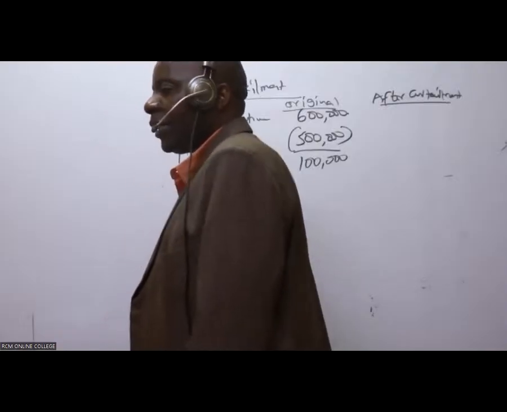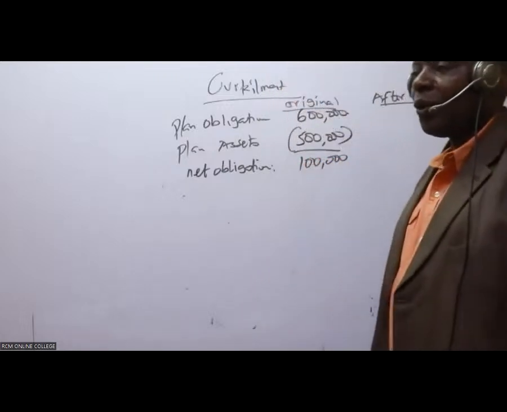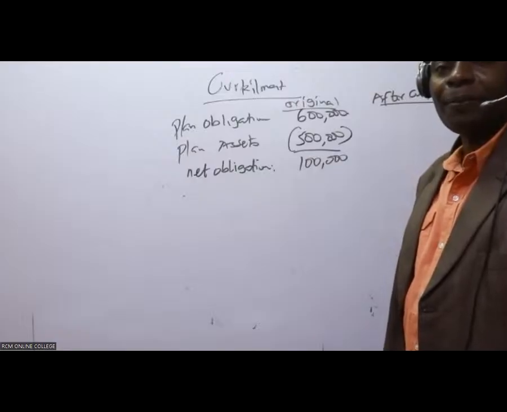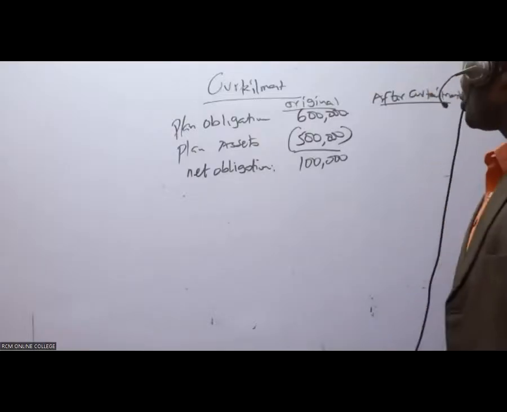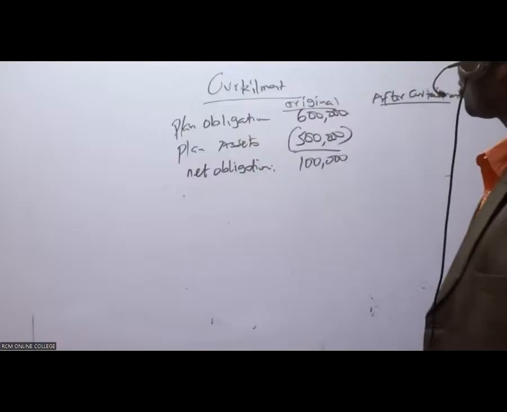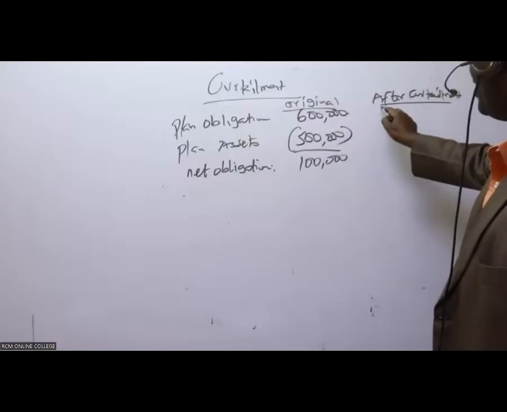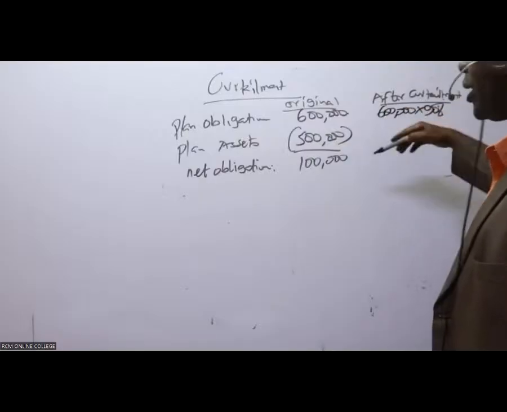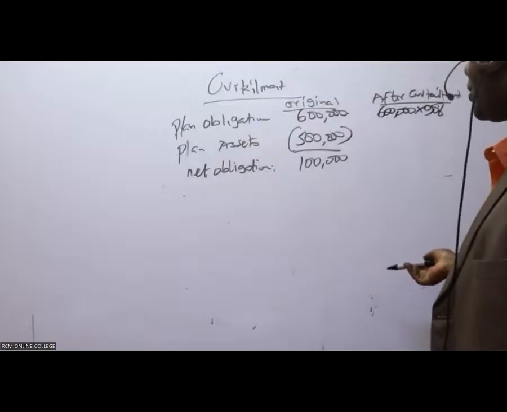Great. And then once we have the curtailment, we are told the obligation will go down by 10%. So can you kindly give me the obligation after curtailment? After curtailment, it will be 600,000 times 90%, because you see a 10% reduction.